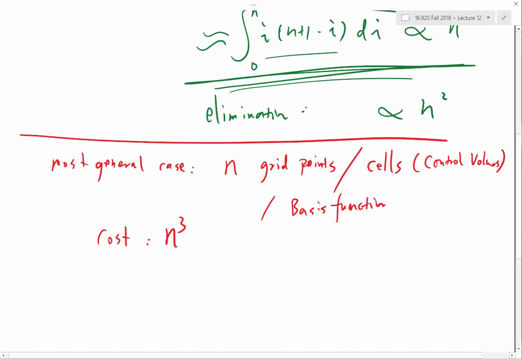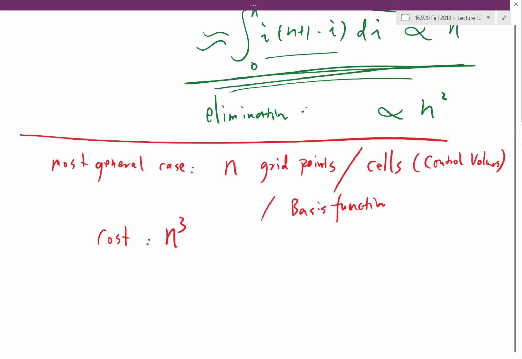For example, when you look at a three-dimensional problem, right? I want to solve fluid dynamics in this room, and the question is, how does the cost scale with the size of the discretization? Let's give an example.